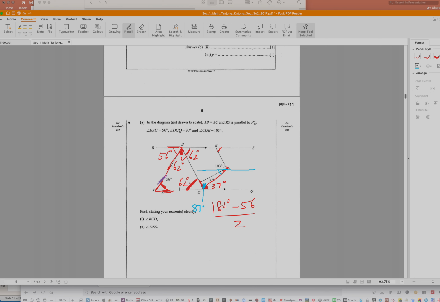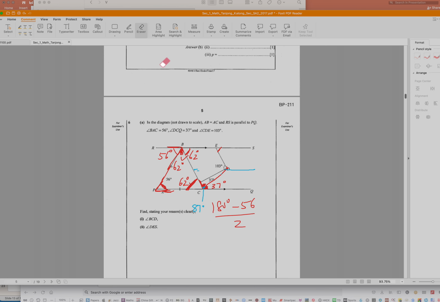RS is parallel to PQ. I get confused. Okay, I know already. So this is 37, correct?